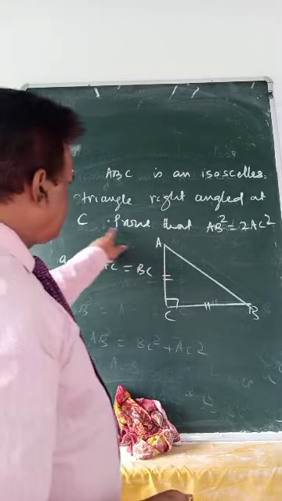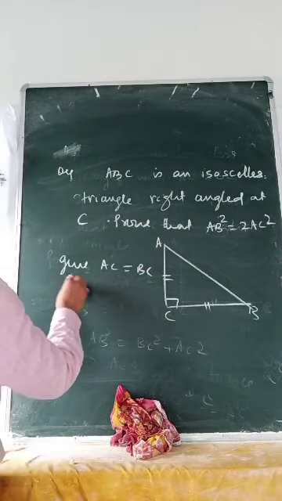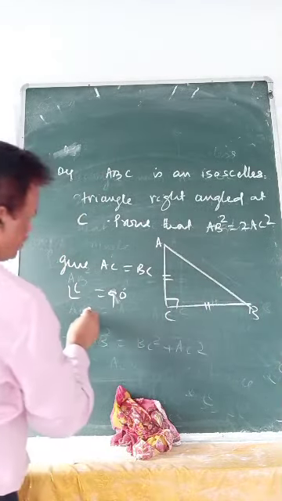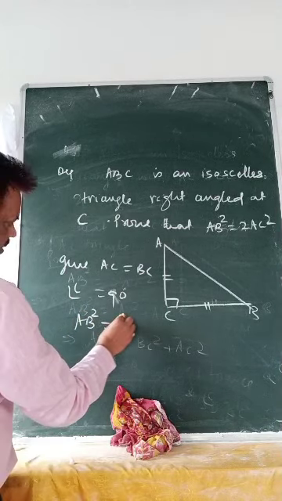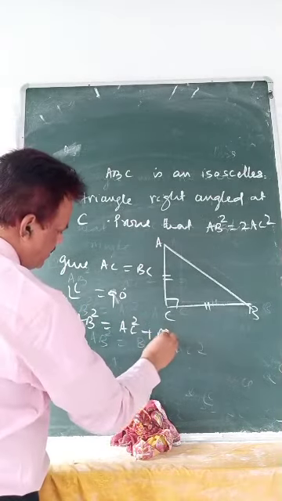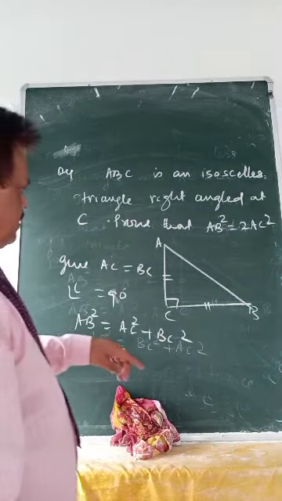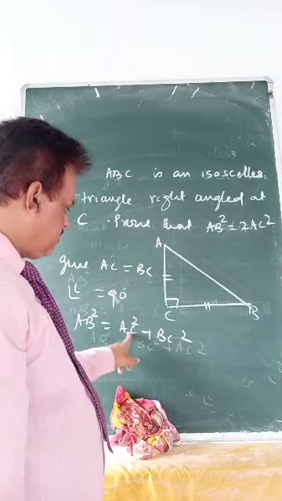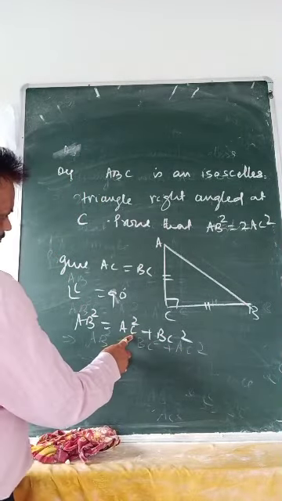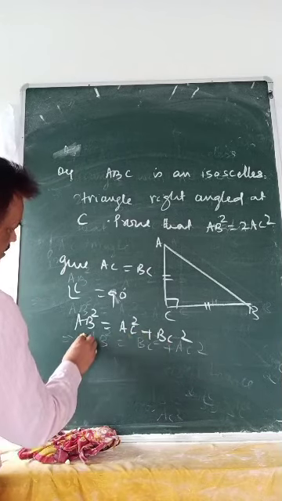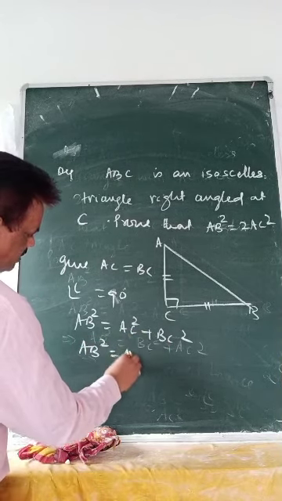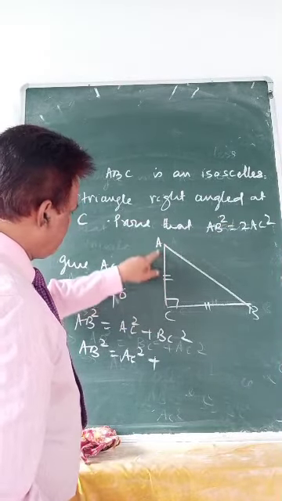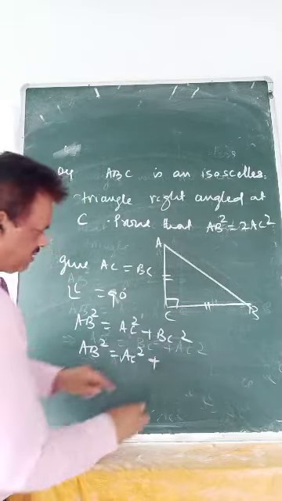Now right angle at C means angle C is 90 degrees. That means AB square equals AC square plus BC square. But AC is equal to BC, so replacing BC with AC, AB square equals AC square plus AC square.